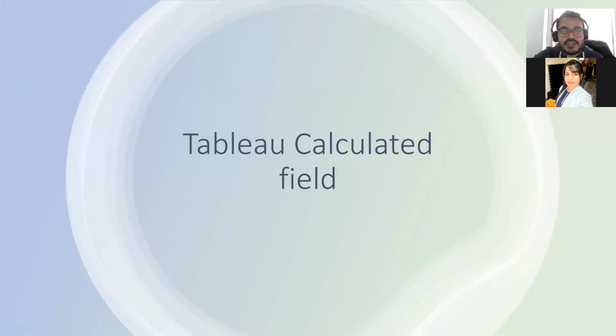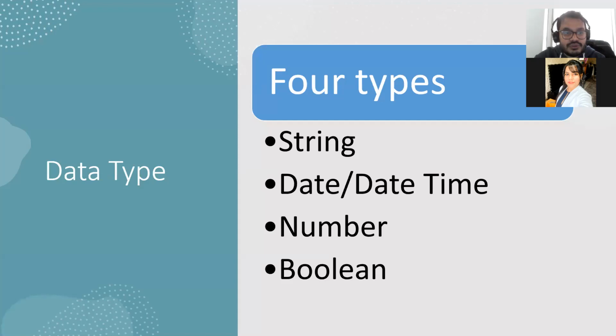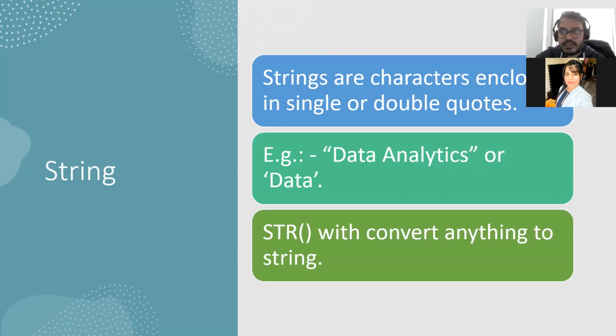Okay, let's start. In the last week we discussed calculated fields while preparing our KPI dashboard, right? So let's discuss in more detail how to use calculated fields in Tableau. In Tableau we have four types of data types: string, date and time, number, and boolean.